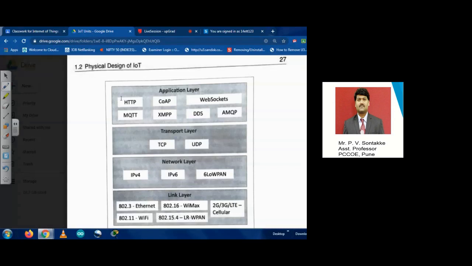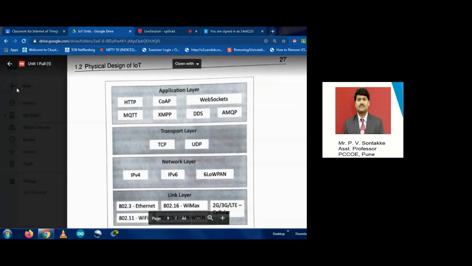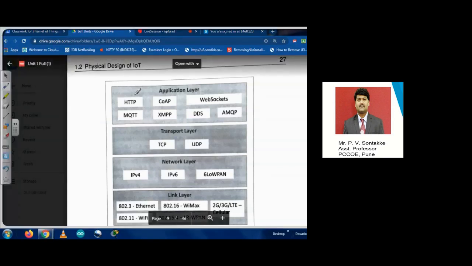Very popularly used is HTTP, that is Hypertext Transfer Protocol. Normally we use this for browsing the data. If you want to browse any specific website, we can use HTTP or the secured version, HTTPS. It's a client-server kind of communication.